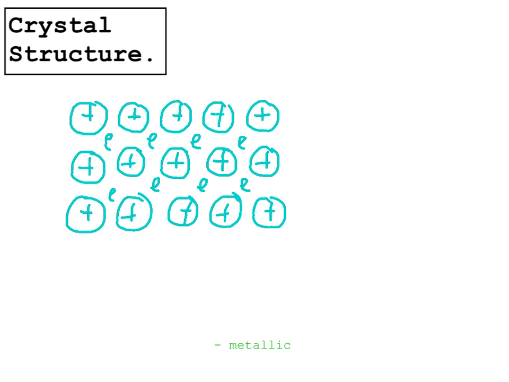Now at GCSE you will have learnt a definition for metallic bonding, and you have to add a couple of extra words to the definition you learnt at GCSE, so you have to relearn it.